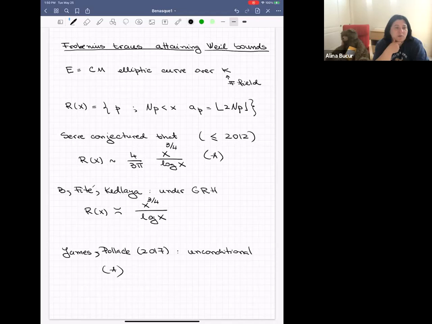Yeah, so the reason why we do this for CM elliptic curves is that if you look at the Sato-Tate distribution, for a non-CM curve it looks like this. At the extremal point it goes down so fast that you cannot do anything to capture how close it is, with this method at least.